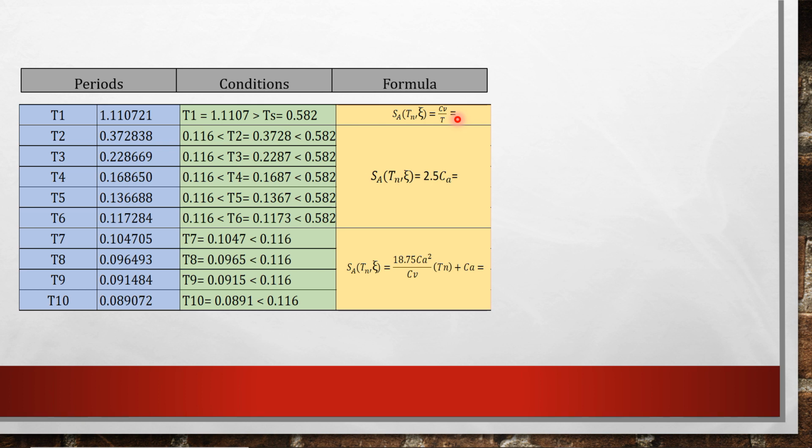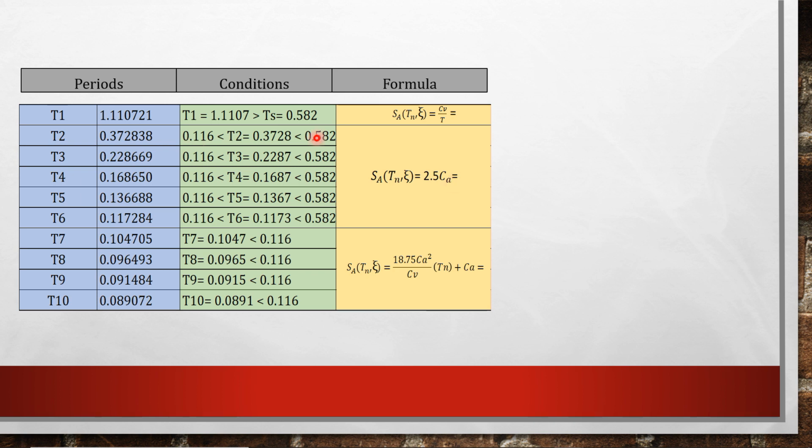Paano naman kapag yung T2 natin or yung period natin is larger than 0.116 but less than 0.582, ano yung magiging formula na gagamitin? So, ito, SA is equals to 2.5 CA.